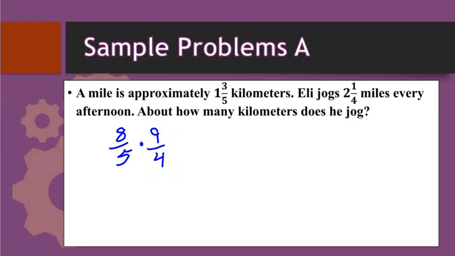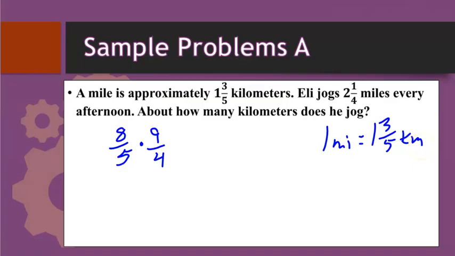Now you might be wondering, how did I know it was multiplication? If he jogs 2 1/4 miles every afternoon, and a mile is approximately 1 3/5 kilometers, right now 1 mile is the same as 1 3/5 kilometers.